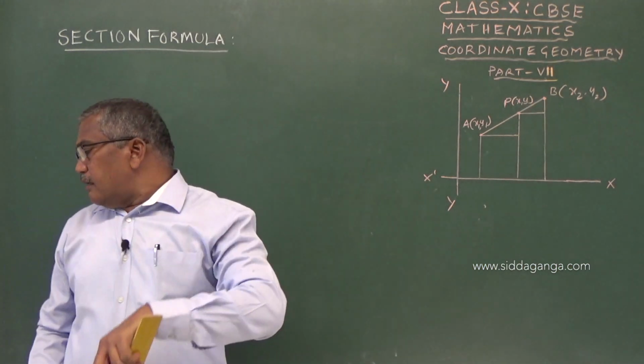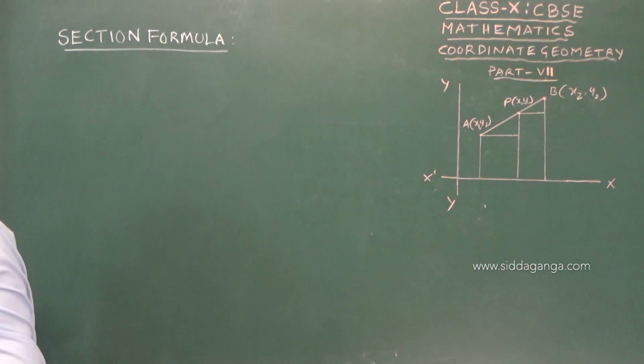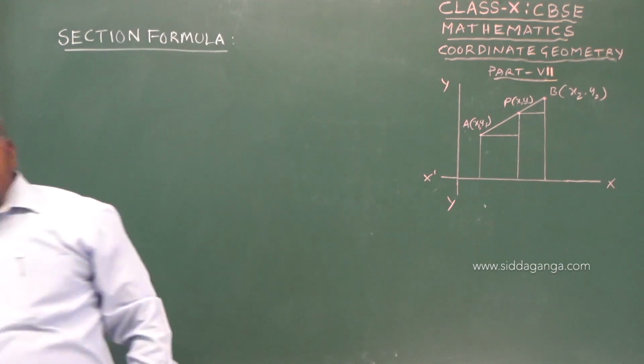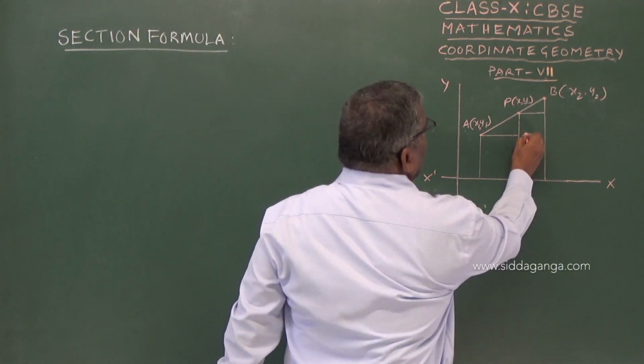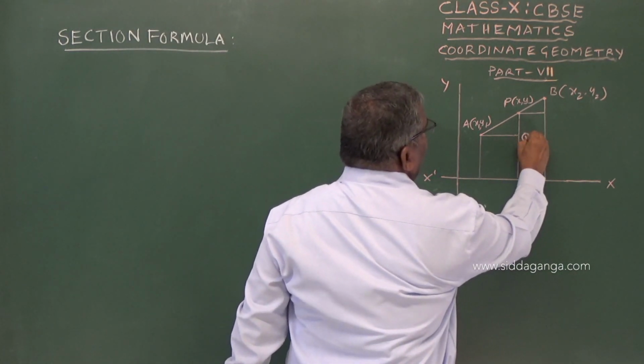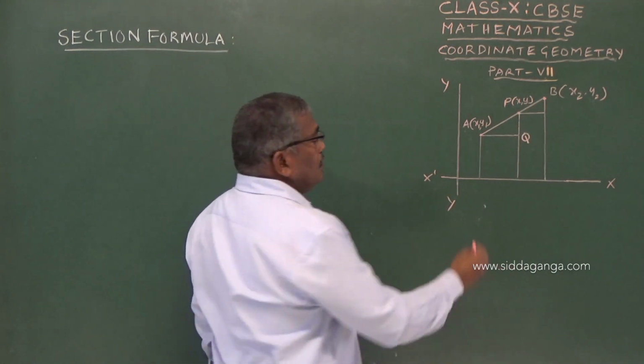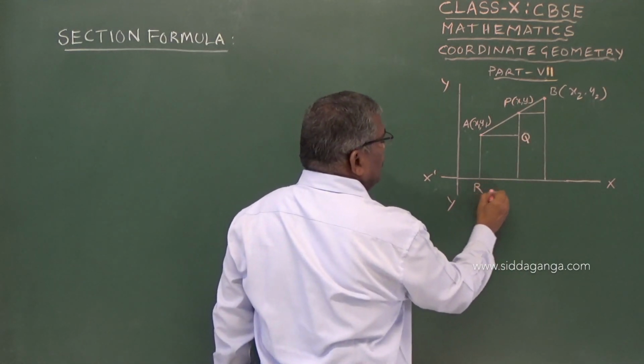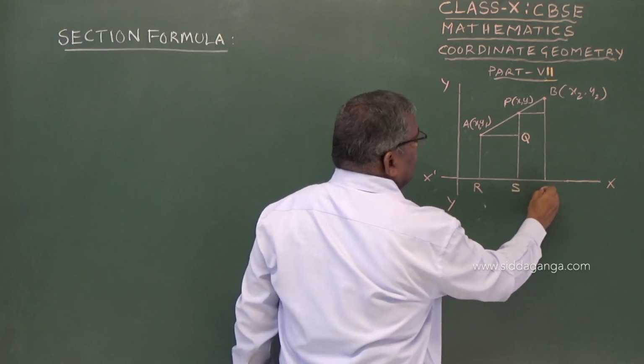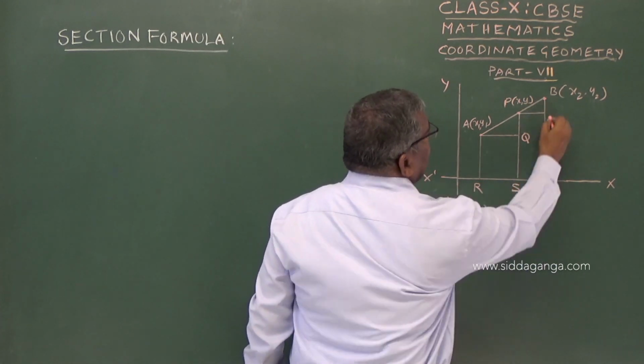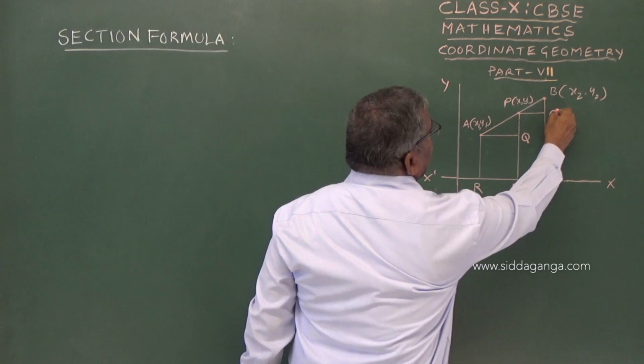So, this is the diagram required to prove. Now, I will call this point Q and this point R, S, T let us say, and I will call this C.